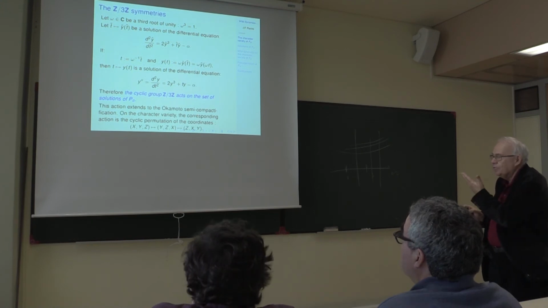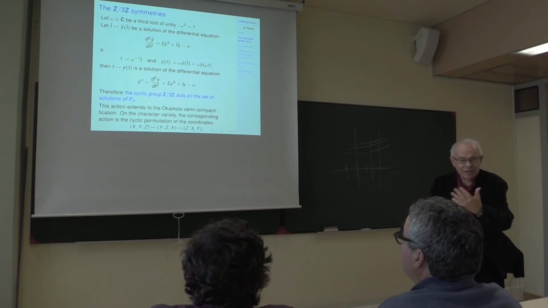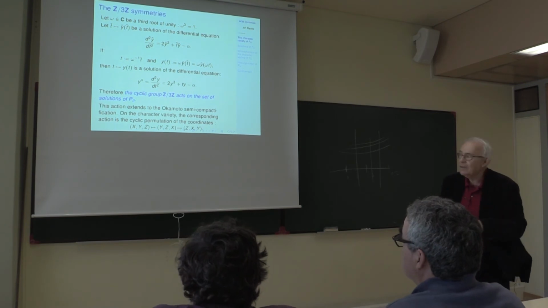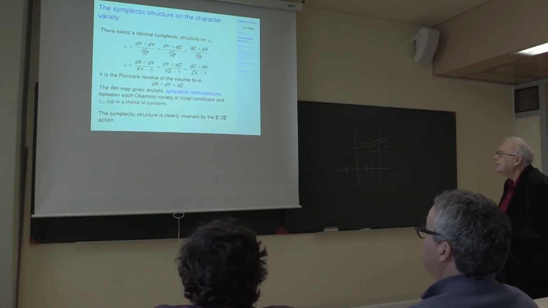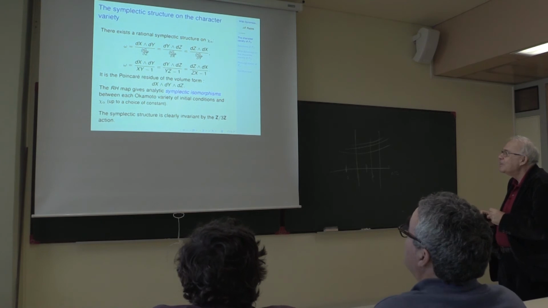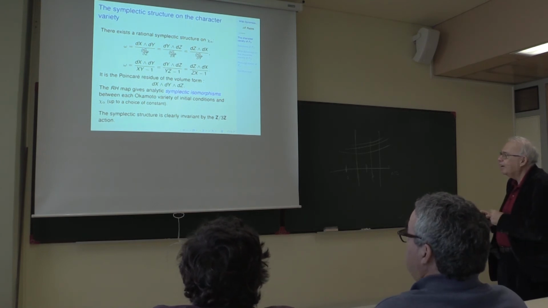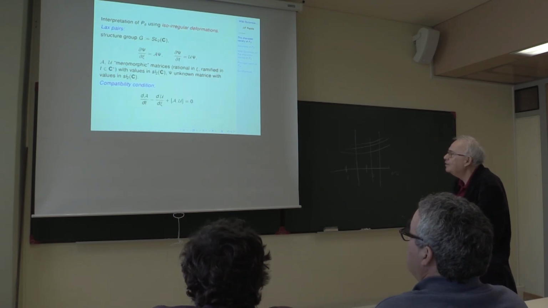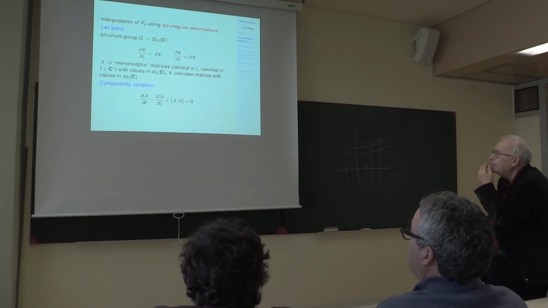Also the symmetry of order 3 acts on the character variety, as simply the permutation of the coordinates. Of course, you have the symplectic structure, always given by a Poincaré residue formula, and it is also symmetric under the symmetry of order 3.